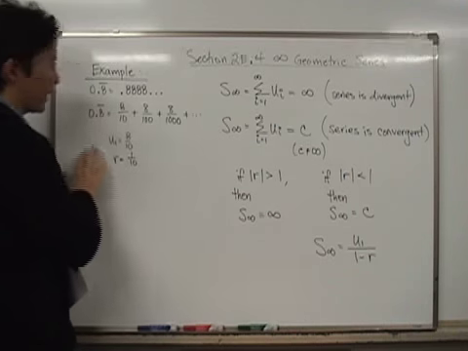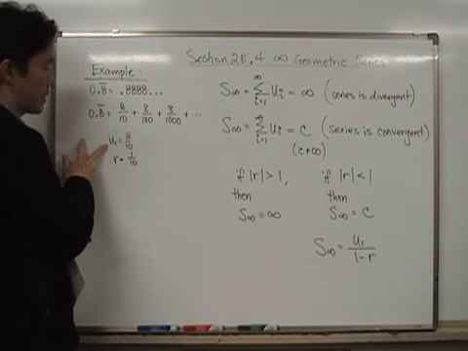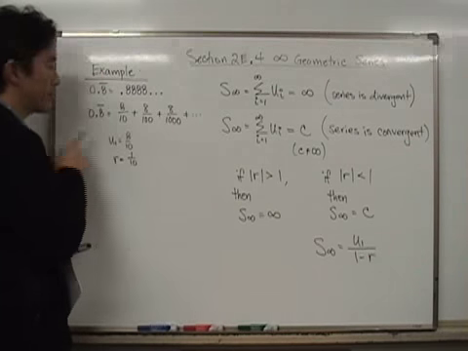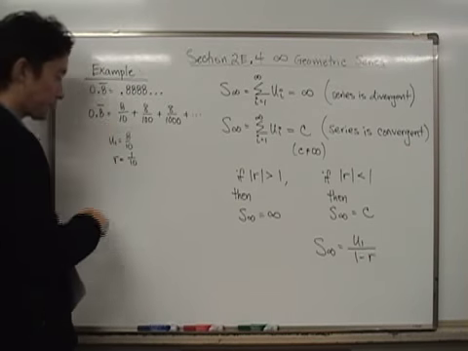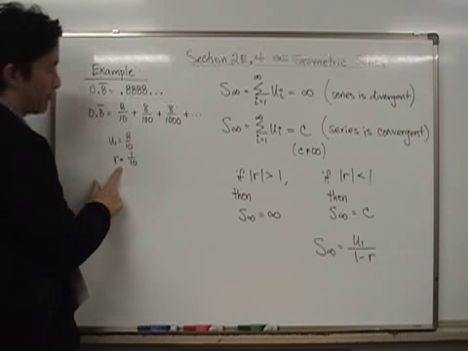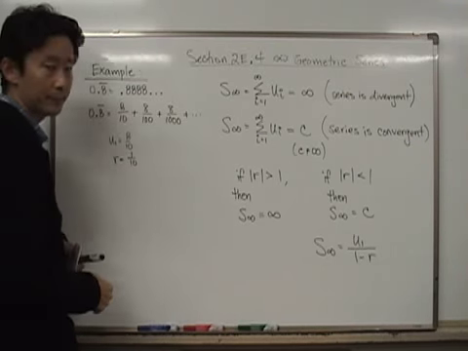Now, if we take a look at what u sub 1 is, u sub 1, which is the first term of the infinite geometric series, is going to be 8 over 10. And we can very easily show that the ratio is going to be 1 over 10.